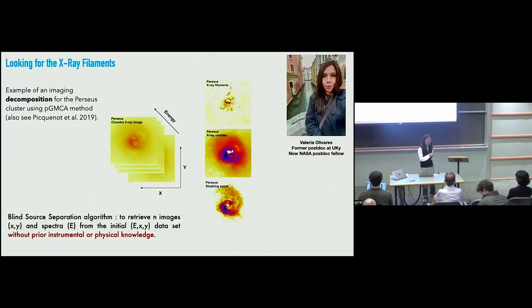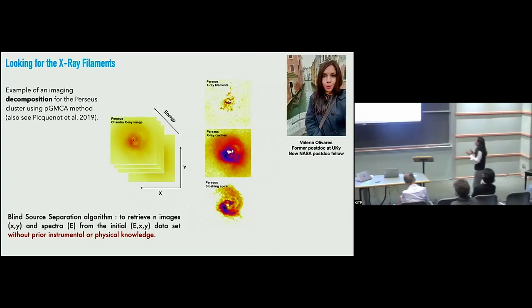We borrowed a method from the Planck community to decompose the events into different components. For this purpose, we didn't just use the imaging from Chandra. We used a combination of imaging and spectral information, so together we form a 3D cube.